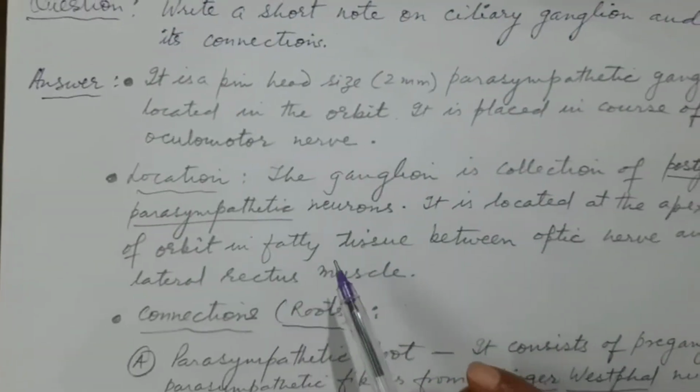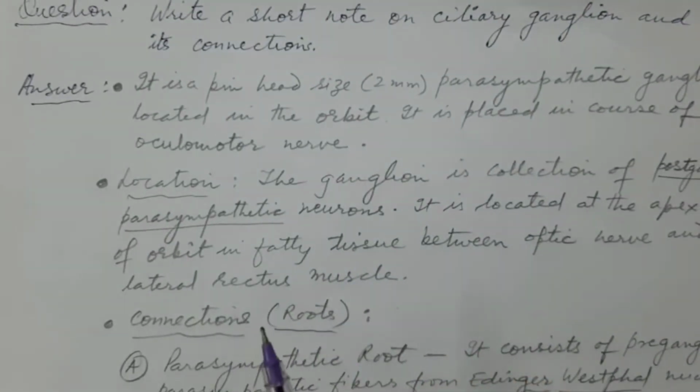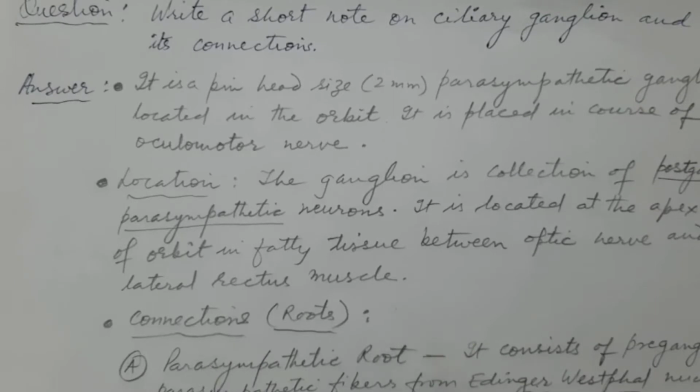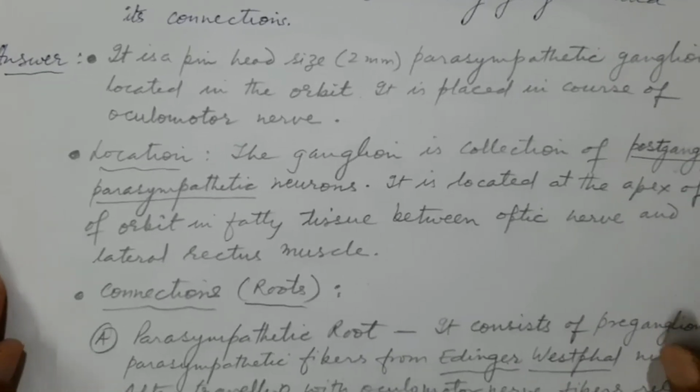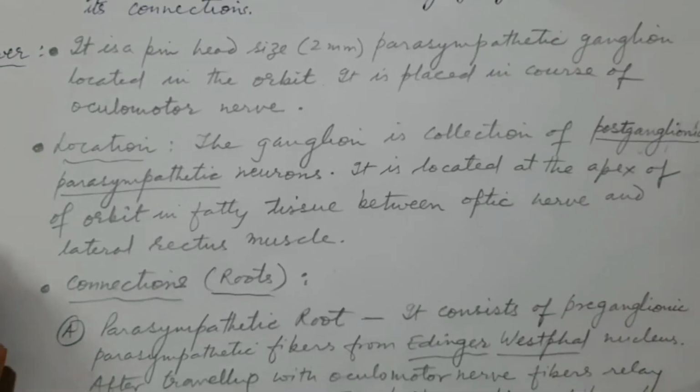Location, as I said, the ganglion is placed near the apex of the orbit in fatty tissue between the optic nerve and the lateral rectus muscle. That means when you are dissecting a ciliary ganglion in the dissection of the orbit, you have to be very careful and dissect with the help of the pointed forceps.